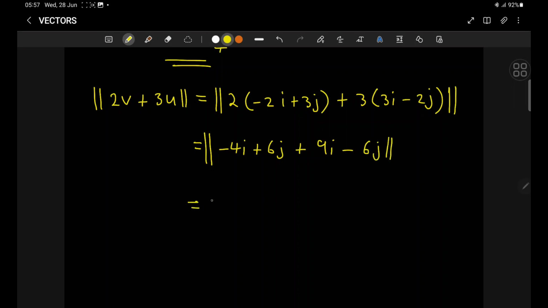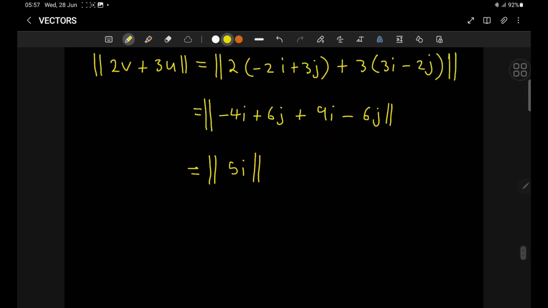Then working on the like terms, we have negative 4i plus 9i, that will give us 5i. Then 6j minus 6j is just 0, so we'll just have this vector component, and this is just 5, and the magnitude of 5 will just be 5. Yes, and it's done.